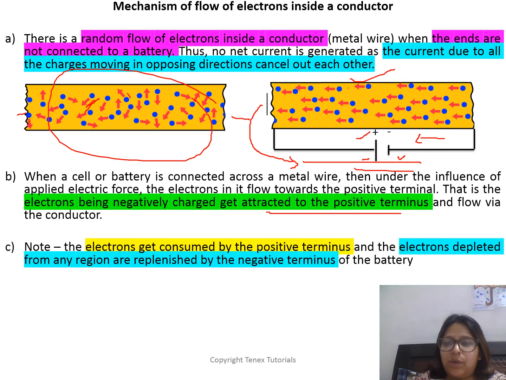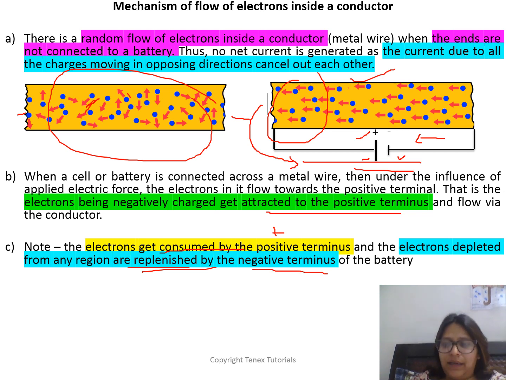Further, we need to understand that this pull is maintained because in the positive terminus the electrons will always get consumed, and hence it will always be net positively charged, and it is going to attract the oppositely charged electrons towards it. On the other hand, if at any place within the conductor there is depletion of electrons, these depleted electrons are replenished by the negative terminus of the battery.